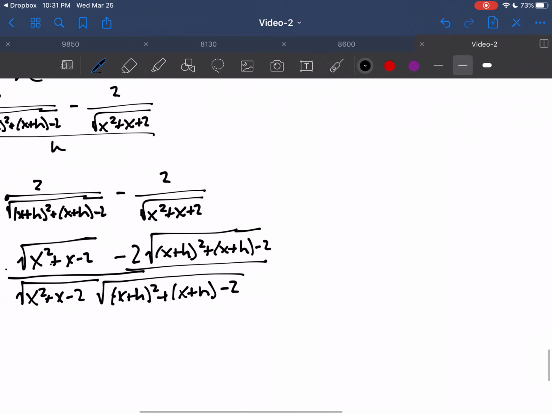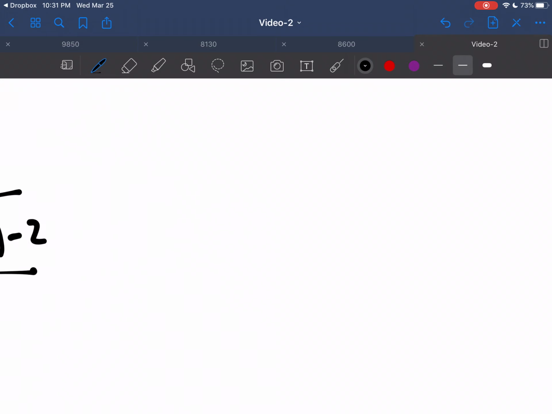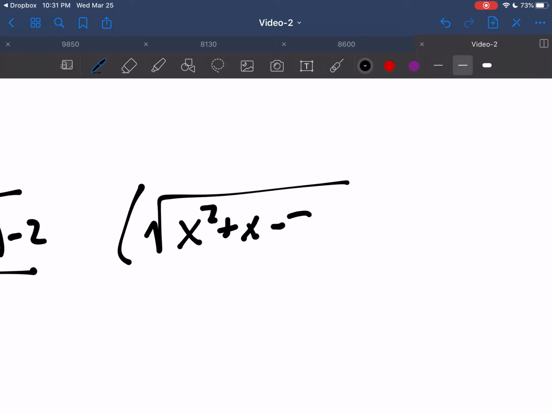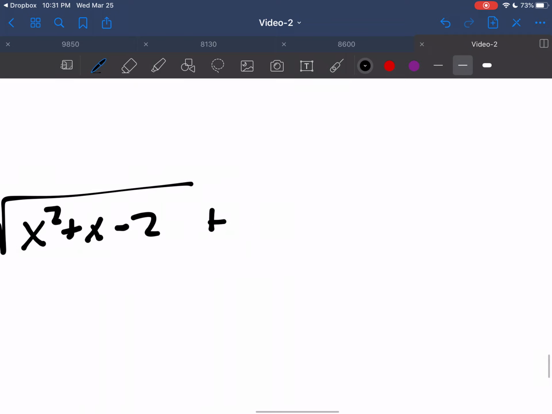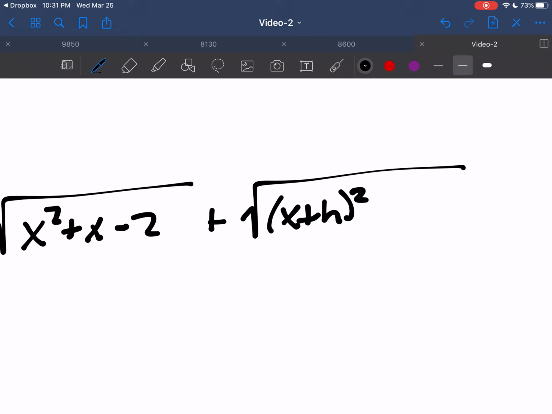Okay, so now we can multiply by our conjugate, which is square root of x squared plus x minus 2 plus the square root of x plus h squared plus x plus h minus 2.